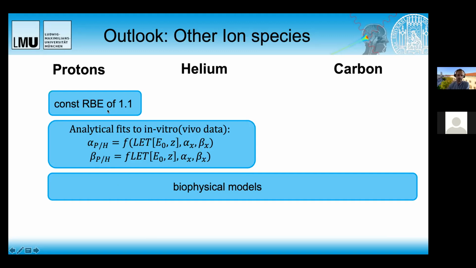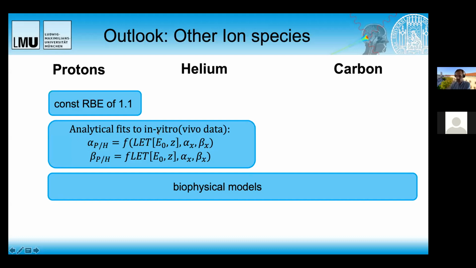And the simplest, for protons, is the constant RBE of 1.1. The constant RBE of 1.1 is only used for protons. But as you can see here, with these analytical fits we can also derive radiosensitivity parameters for protons and do variable RBE treatment planning for protons. But this has to be treated with caution, since all this data is mainly based on in vitro data, and it's still questionable if these in vitro cell line measurements directly refer to the in vivo situation.